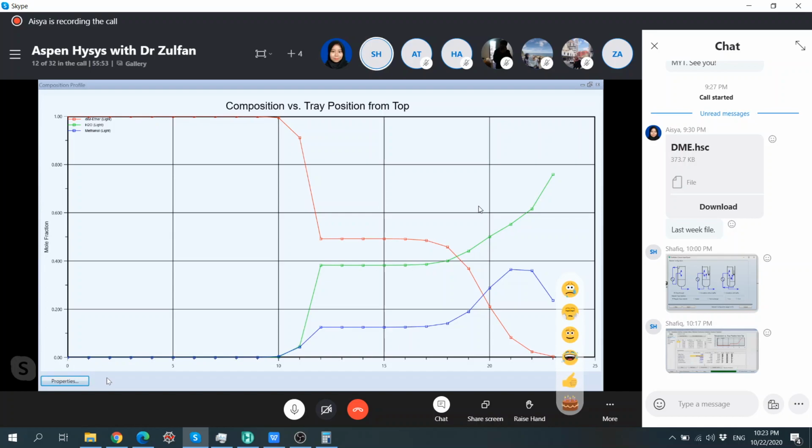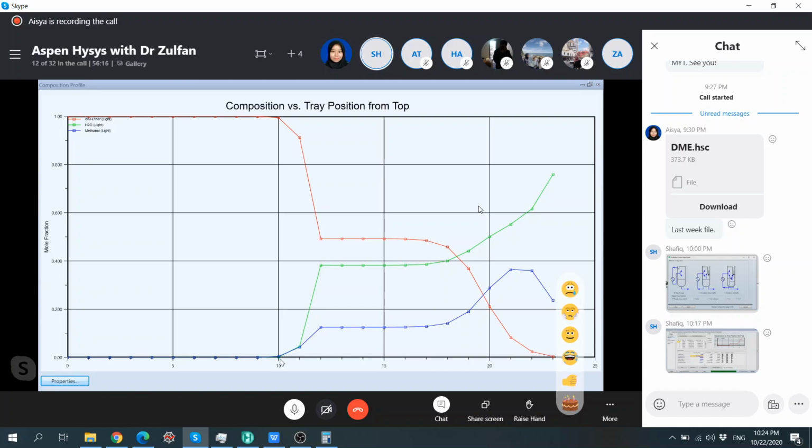They are all constant from stage number 1 until stage number 9 or 10, right? So it confirms that there is no separation. That means stage number 1 until number 9, they're not doing anything basically. So practically you can remove these stages. Yeah. So that's one item.